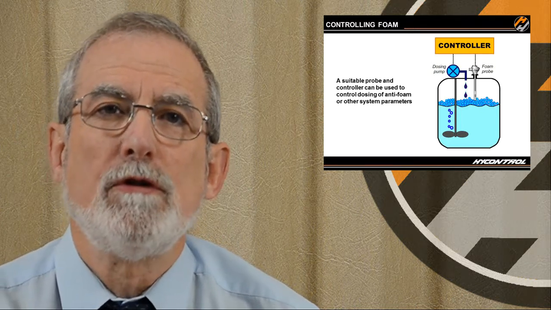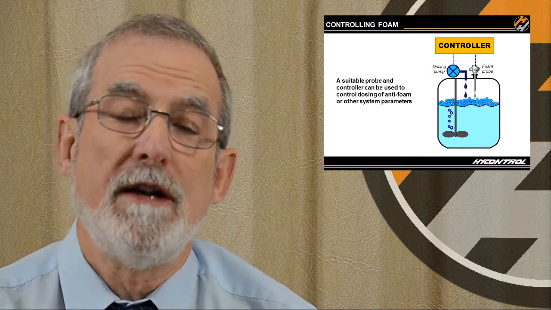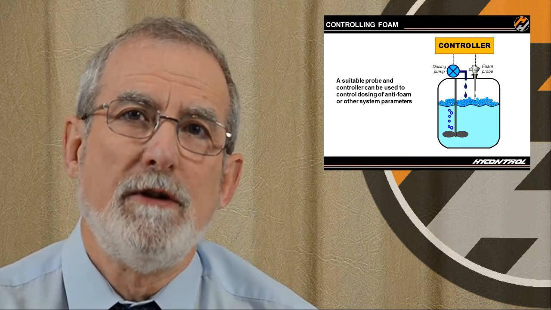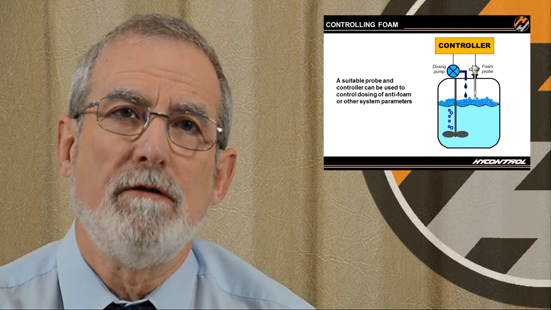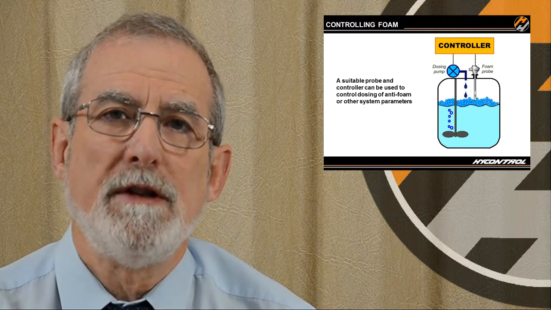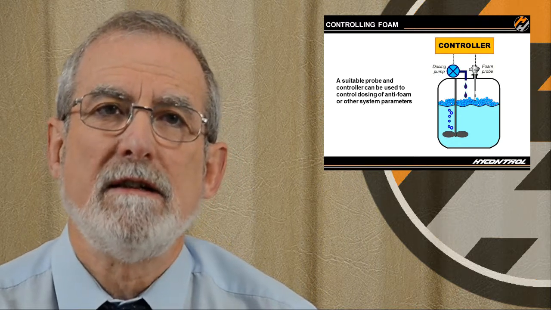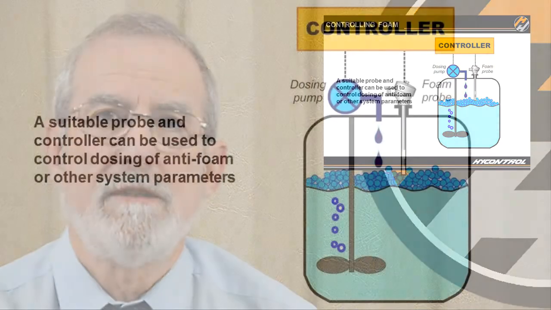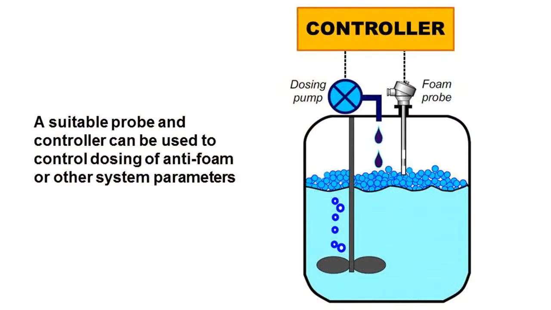For all good control systems you want to have a good measurement. So in any kind of closed loop control you want to have a good measurement and assess what needs doing and then do it. So how would we go about controlling the foam in a typical situation?